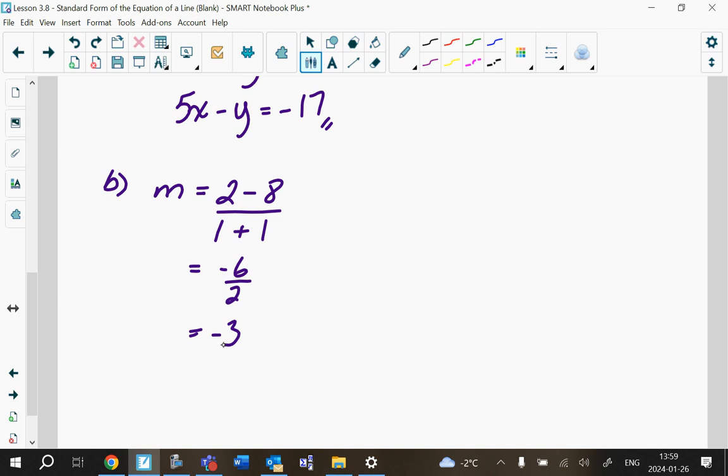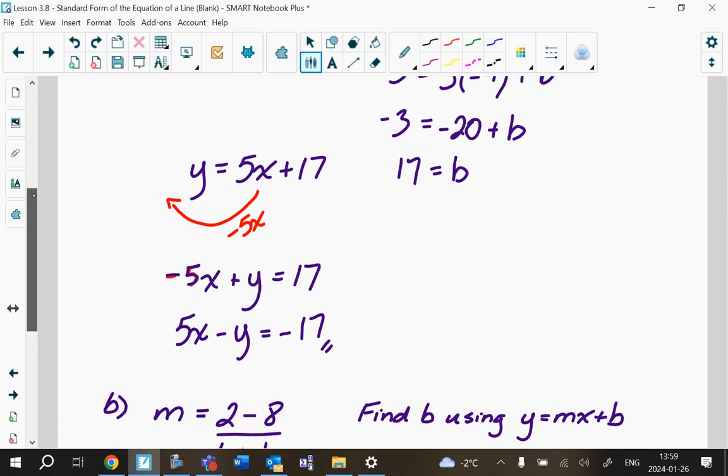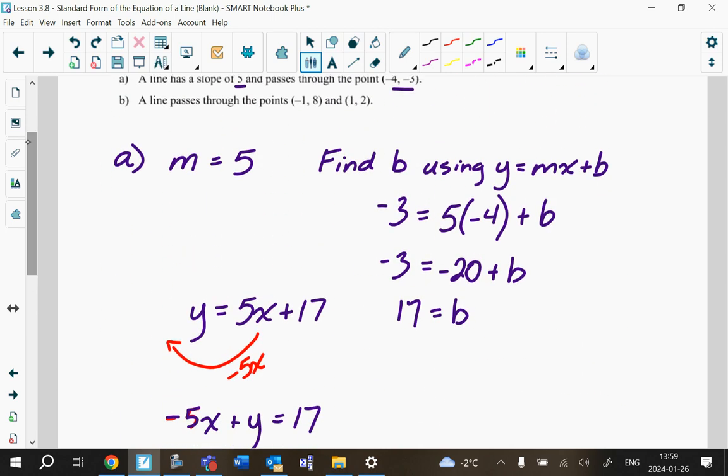So we find b using y equals mx plus b and one of the points. You're given 2 points, so you have a choice. Maybe use the positive ones, 1 and 2.